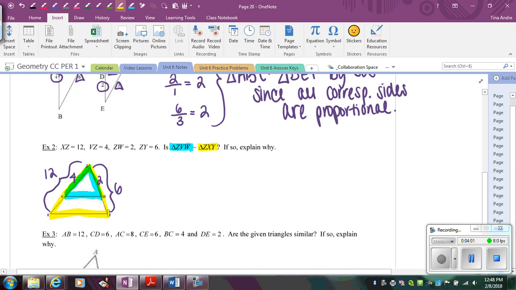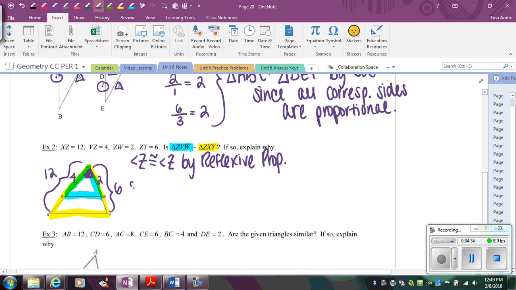I have two sets of sides given to me, and the included angles must be congruent, which in this case they are in both triangles because of the reflexive property. So I know angle Z is congruent to angle Z by reflexive property. That's the included angle between those sides because it's touching both of them.